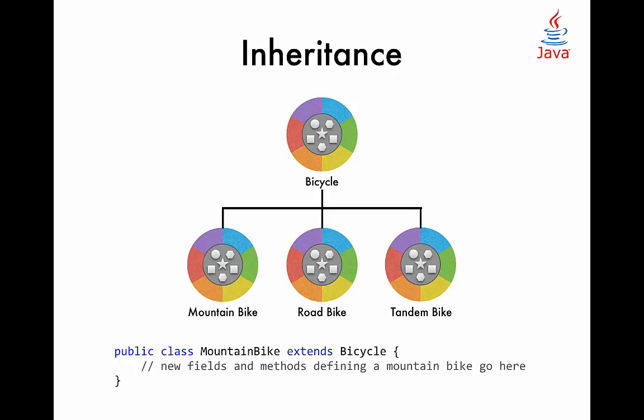Within each subclass, those fields and methods can be added to, or they can be modified. For example, a mountain bike object might introduce a field called seat height to its state and add a method adjust height that will enable you to modify it. When one class inherits from another class, it uses the keyword extends, as you see here.